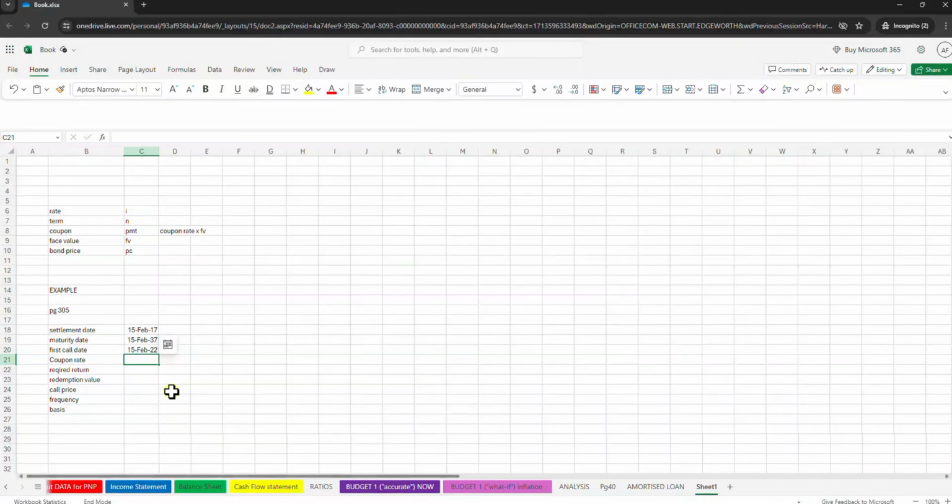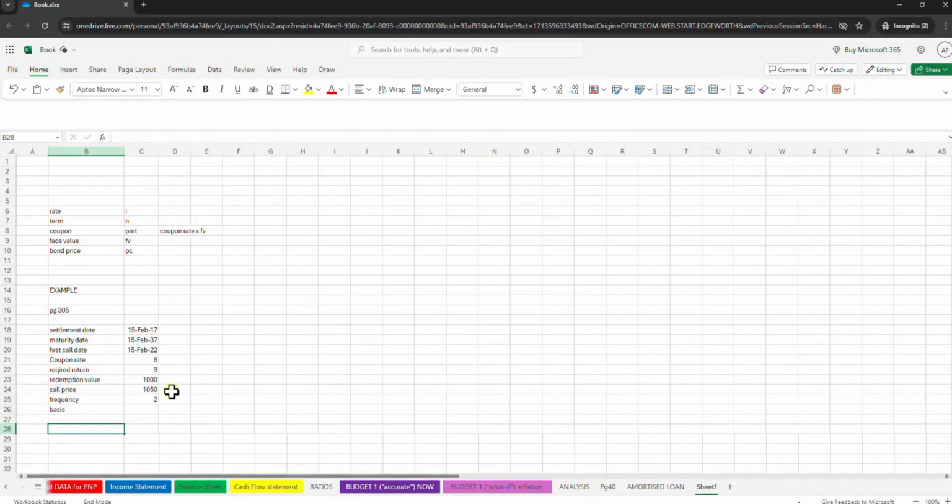All right, the coupon rate is 8%. The required return is 9%. Redemption value is always 1, okay? All right, the call price is 105, so units of 1,000. Okay, call price 1050, frequency 2, so that's a semi-annual bond.